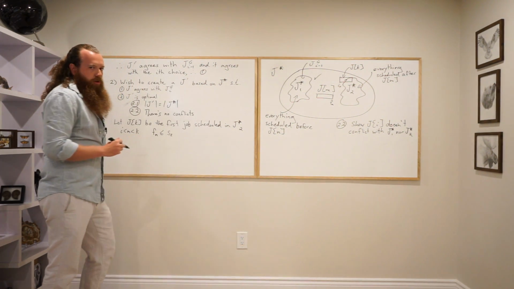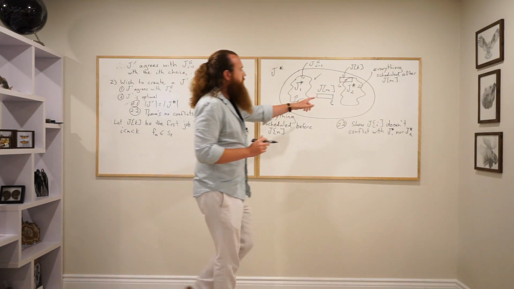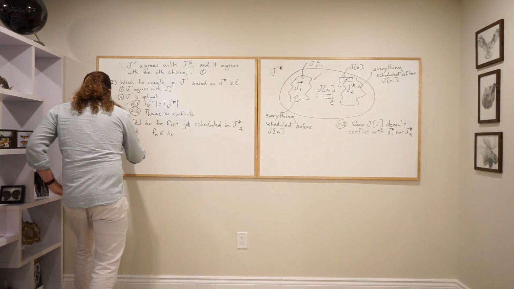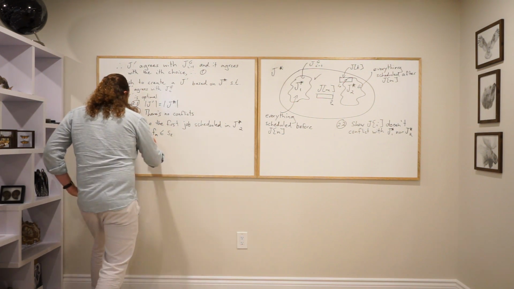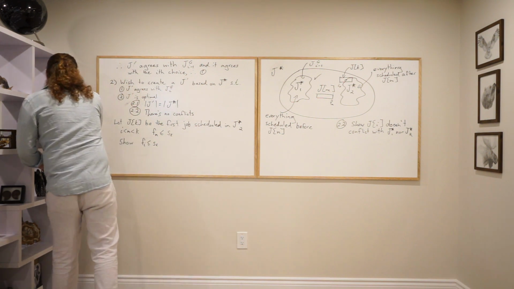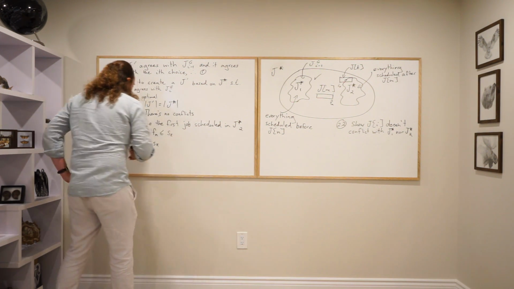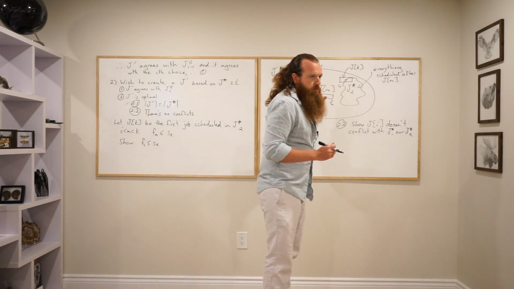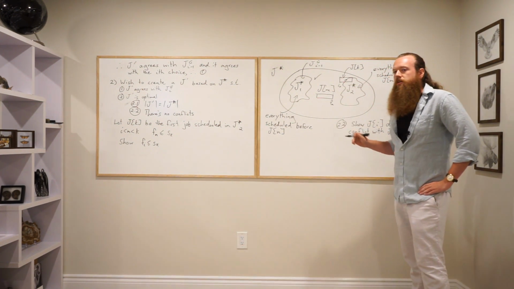Now, in order to show that Ji doesn't conflict with any jobs here, I can take the same reasoning and say, well, I want to show that the finish time of the ith job is less than or equal to the start time of the kth job. If I can show that, then I know that job Ji doesn't conflict with the kth job and doesn't conflict with anything else in J star 2.